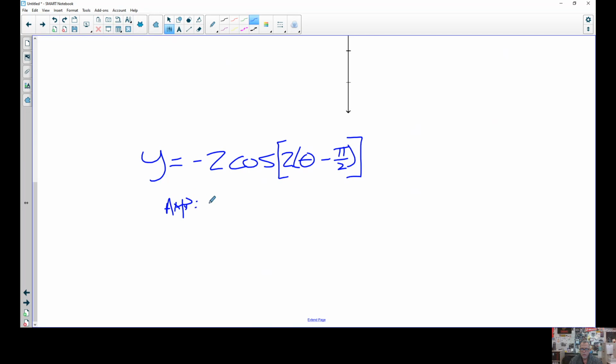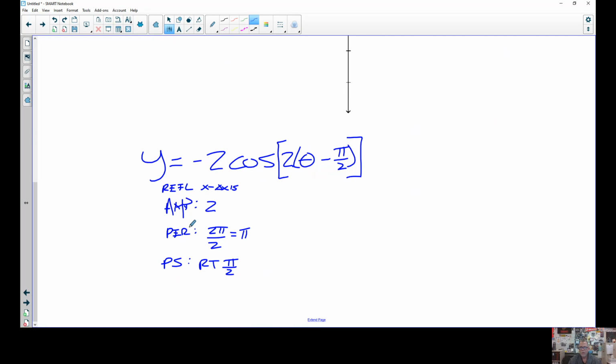Our amplitude is now 2. I see the negative, and right here you might want to say, a reminder that it's reflected across the x-axis, right? That's what that negative does. Period. Well, our period was 2 pi, and now we've got a b value of 2, so our new period is pi. And phase shift. Our phase shift is right pi over 2.